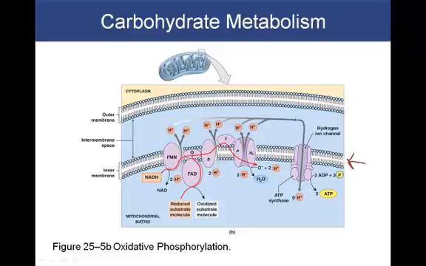And we see that the NADH is going to deliver those hydrogen atoms to this series of proteins. And that hydrogen atom is going to start being passed from protein to protein.